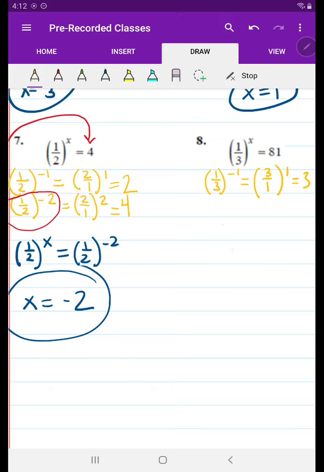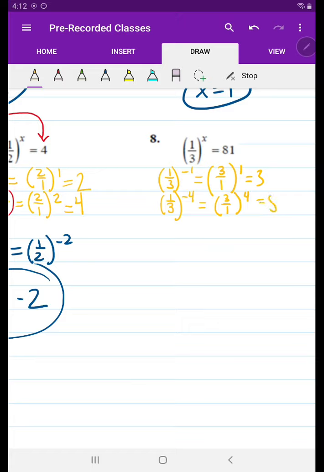So then if we think about, what power of 3 gets me to 81? That's going to be 4. So if I have 1/3 and I raise that to the power of -4, that's the same thing as 3 over 1 raised to the positive 4, which is 81.